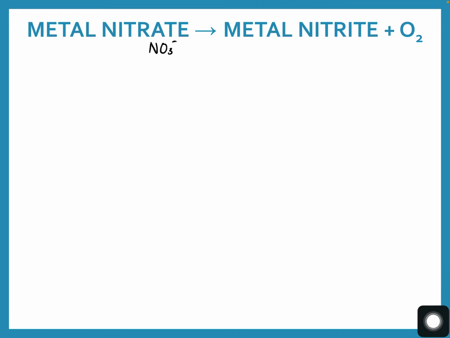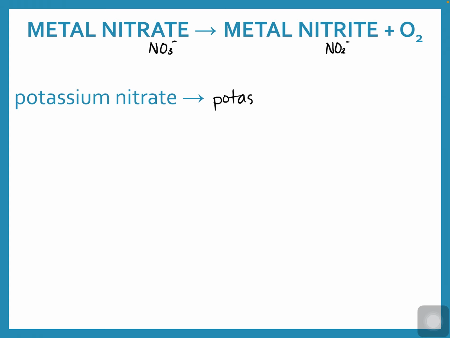So instead of NO3, nitrite is NO2, and the charge remains the same. So it's still a minus, like it was in nitrate. As an example, potassium nitrate: potassium is the metal, so the nitrate breaks down into that metal's nitrite, so potassium nitrite, and oxygen.